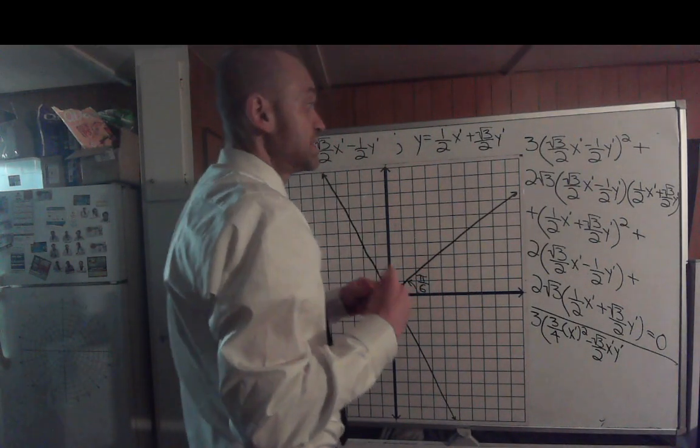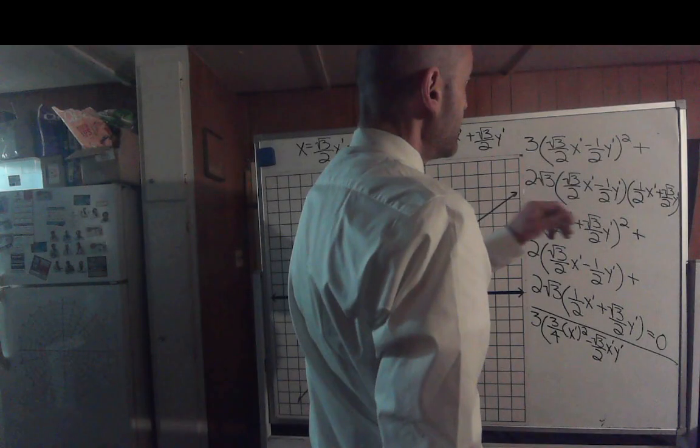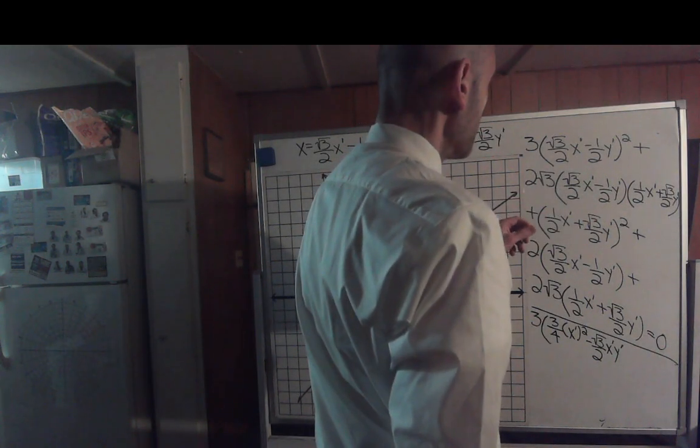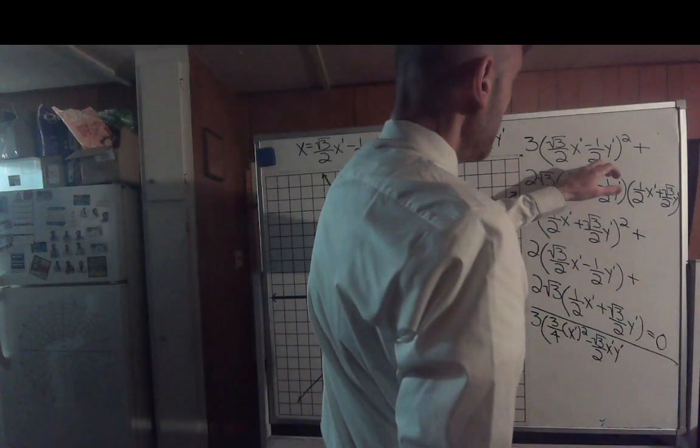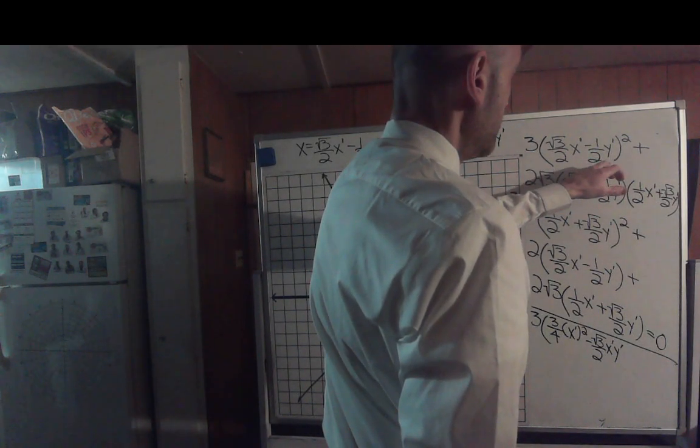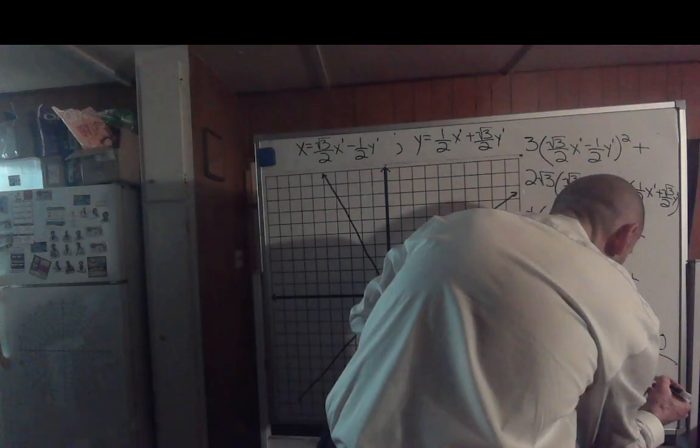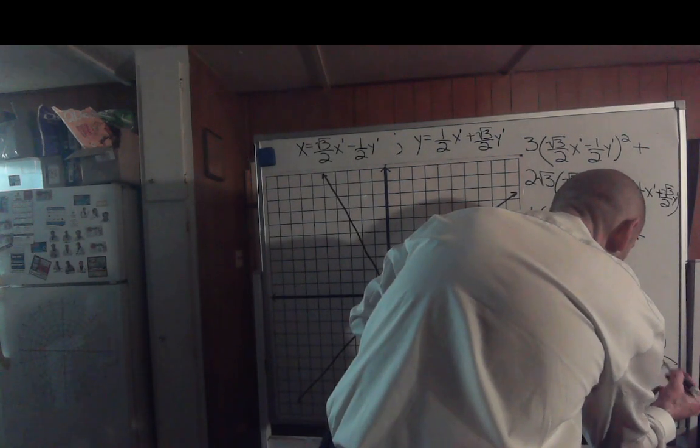And then let's see here. So I take, of course, that negative 1/2 y prime, and I square that, I'll get plus 1/4 y prime squared. And that's just my first term.